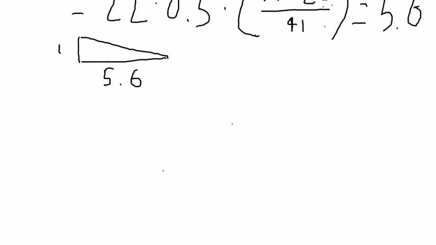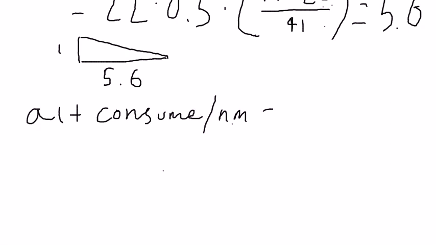We basically want to adjust this ratio so that the distance of a nautical mile is in the numerator. So the amount of altitude we're going to consume per nautical mile is simply that distance, 1 nautical mile, over our net glide ratio.